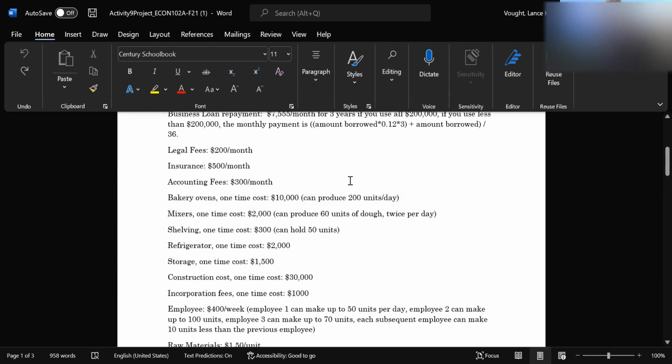Now, the assumption is that everything you make gets sold that day, and that you don't have any inventory left over, or if you didn't sell it, that it just is spoiled.